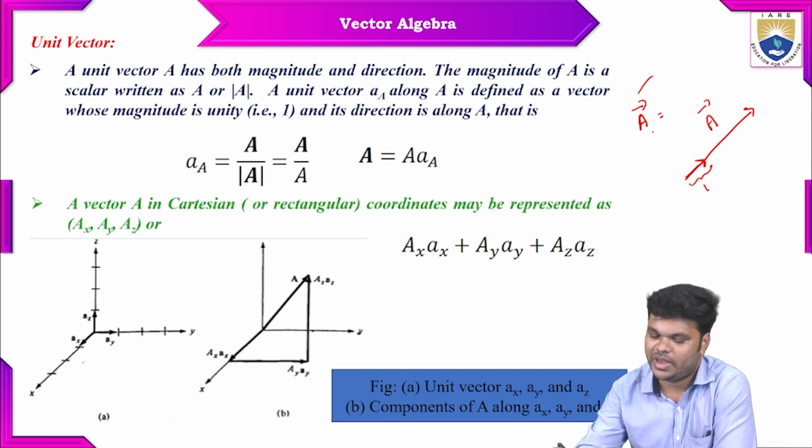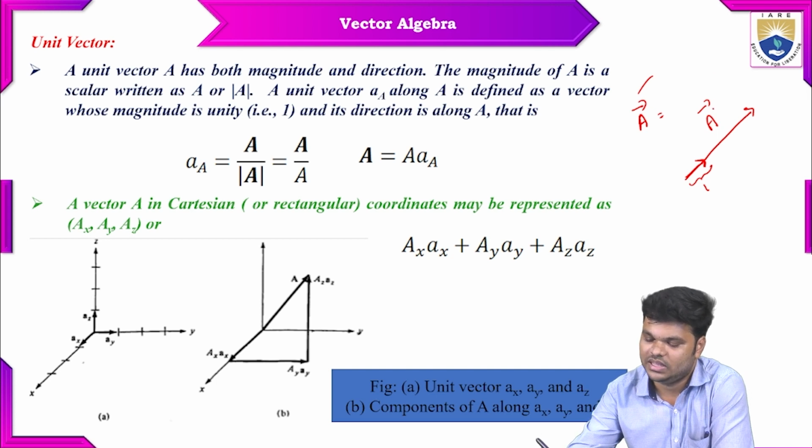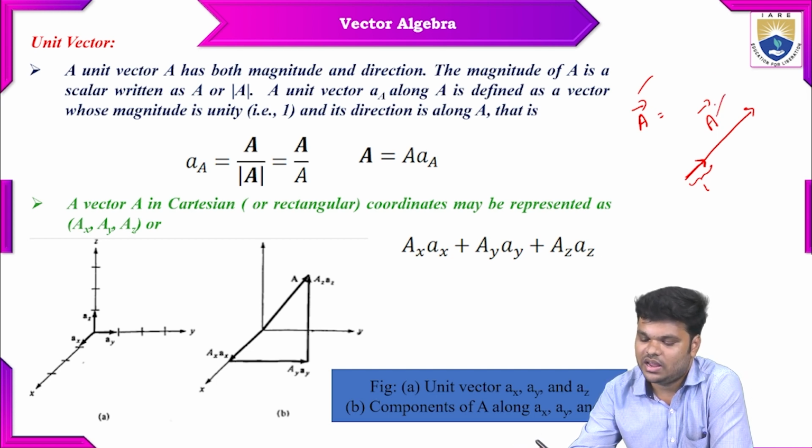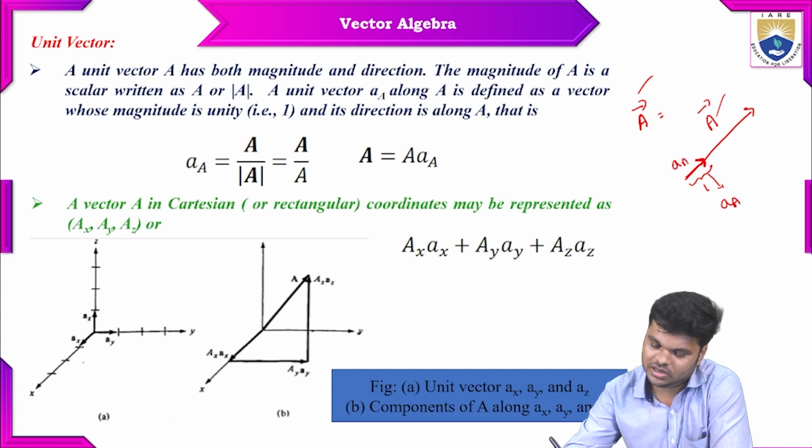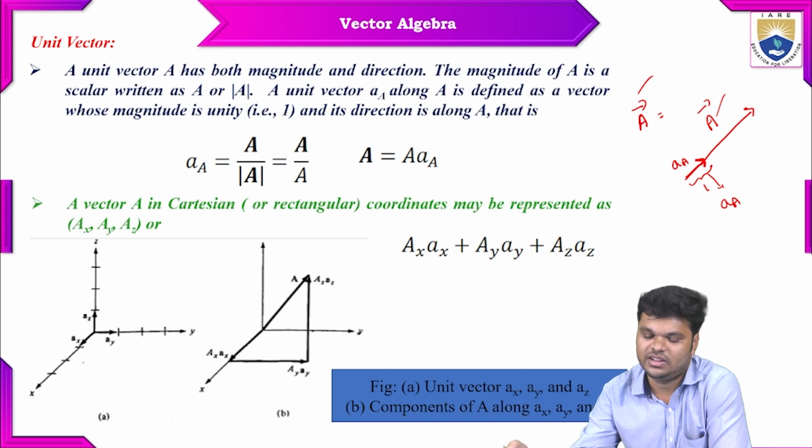First of all, I should find out the magnitude of this vector A. Then I should divide this vector with its magnitude to get this vector. So this one is the unit vector along the direction of vector A.